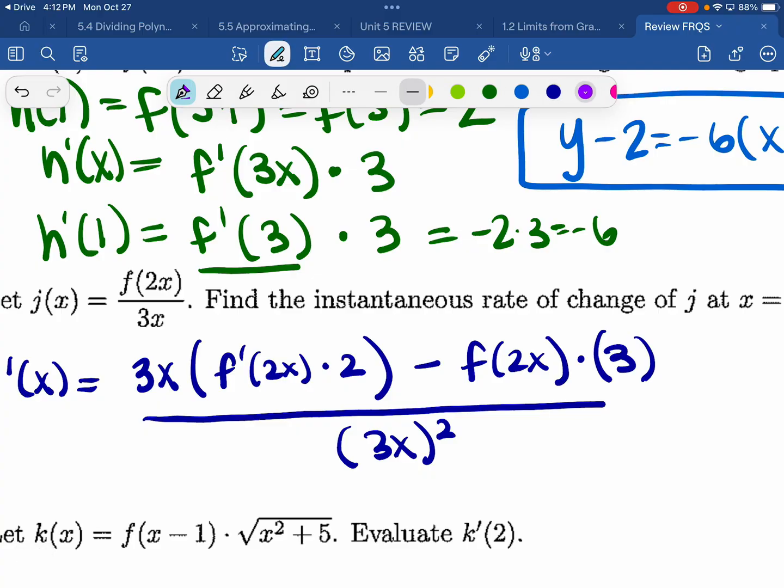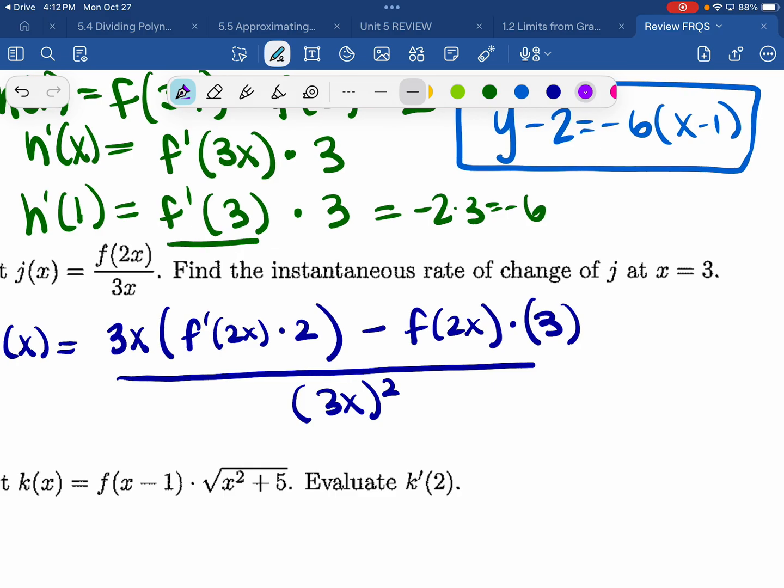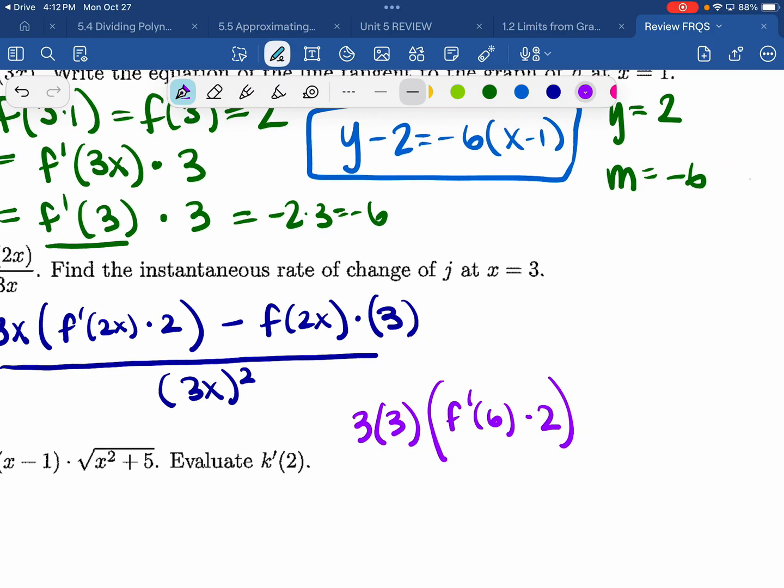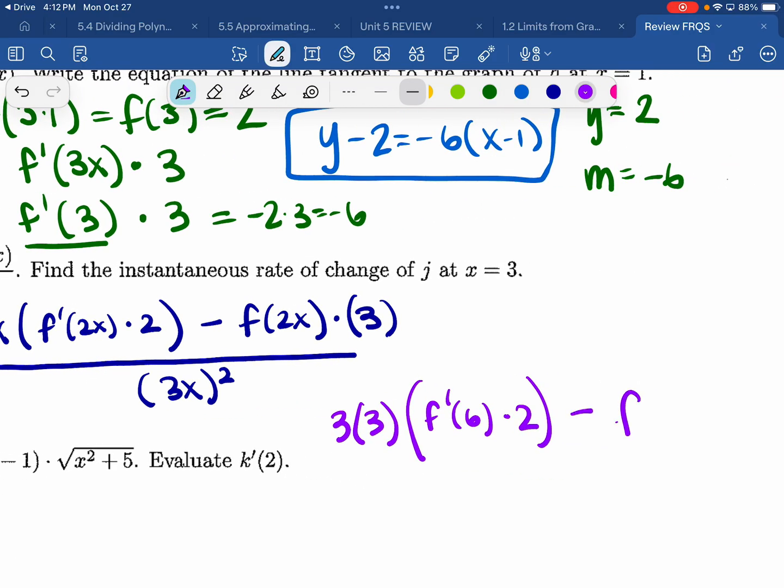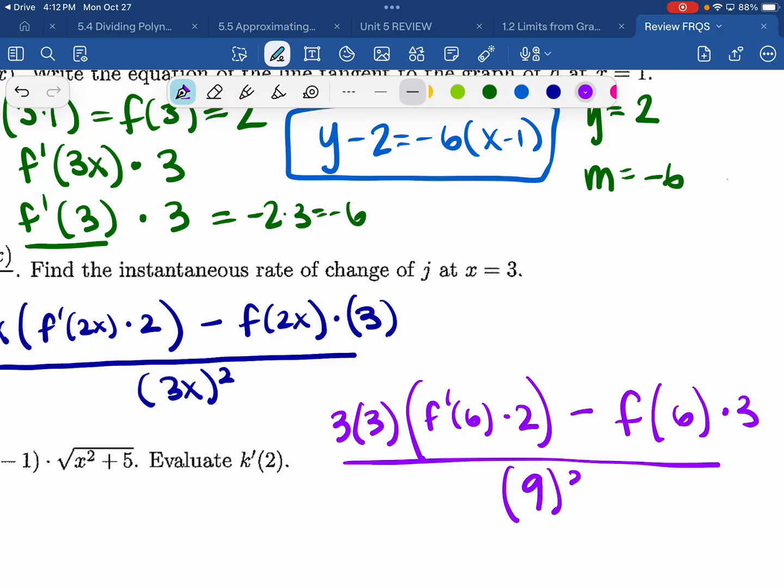All right, so I'm going to have 3, x is going to be 3, f prime of 6 times 2 minus f of 6 times 3 all over, and then, oops, hold on, 9 squared.